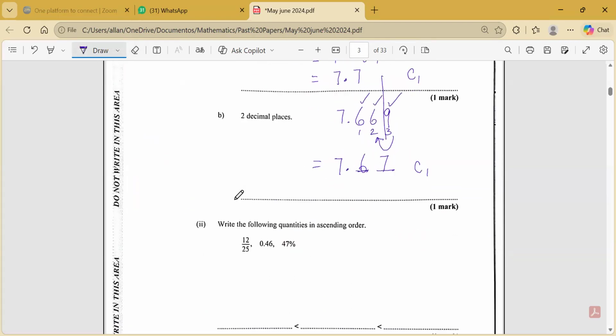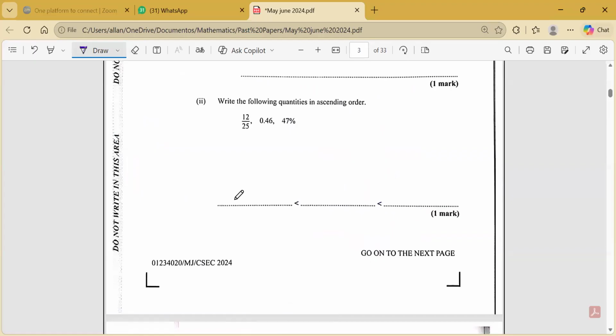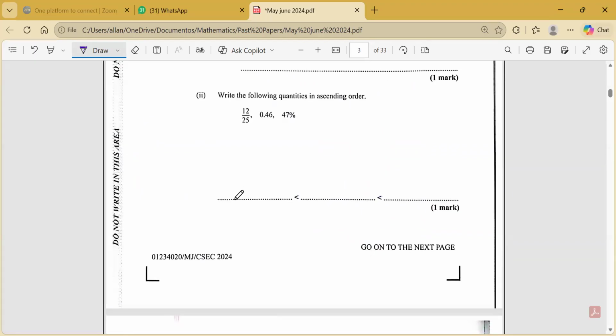All right. Write the following quantities in ascending order. So I have 0.67, 0.646. How much is 47%? Anybody could tell me? How much is 47%? Anybody want to tell me that? 47 over 100.